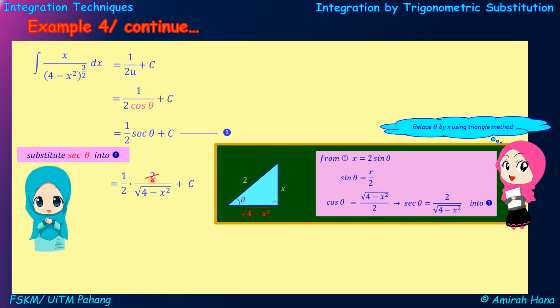After that, we can simplify numerator 2 and denominator 2 here. Then we get the final answer equals 1 over the square root of 4 minus x squared plus c. This is the final answer because now we have the answer in terms of variable x and a radical. Okay, so this is the logic for the final answer for this question.